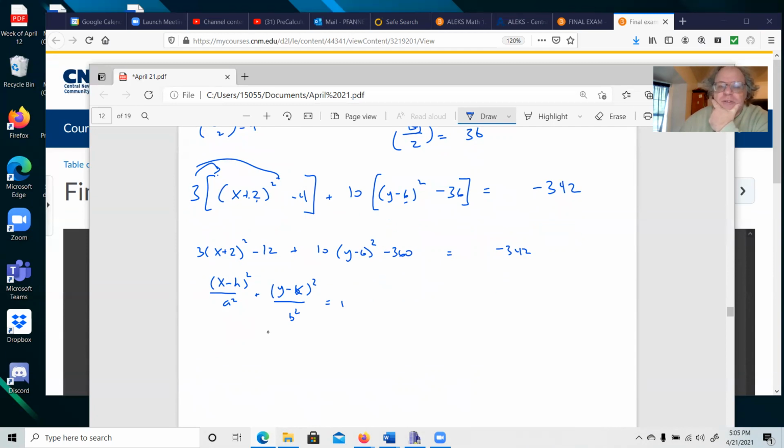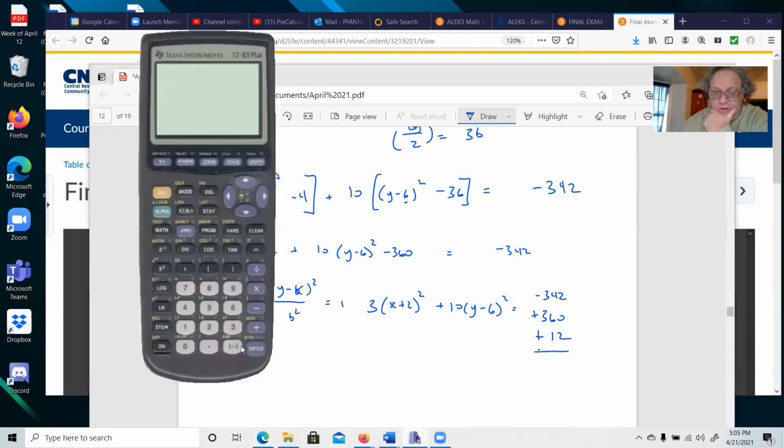Okay, so we're almost done here. We have 3(x + 2)² plus 10(y − 6)², and that is equal to negative 342 plus 360 plus 12. What's that going to give us?